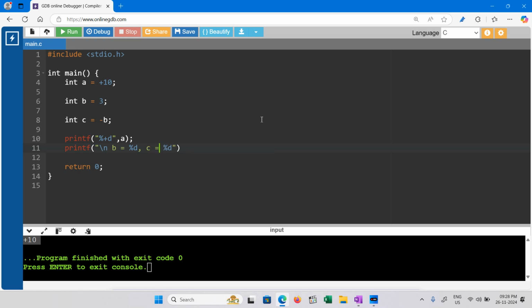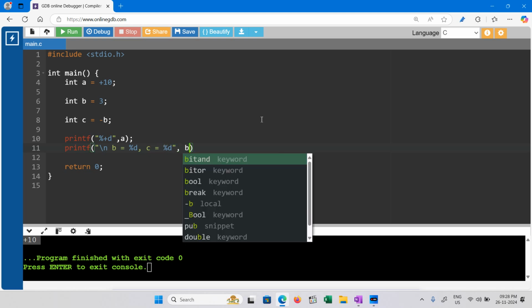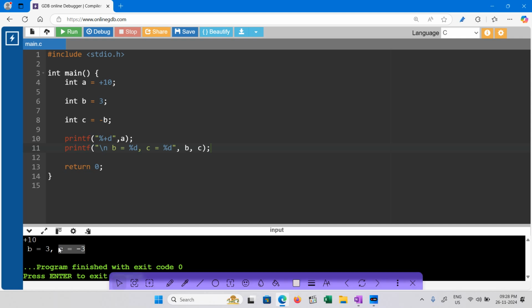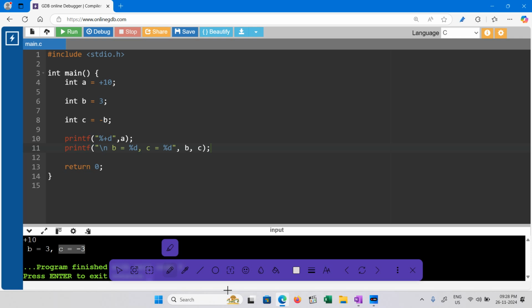Okay, so let's pass the argument and run it. Now see, the value of b remains unchanged, it is 3, but the value of c becomes minus 3, because I have applied the Unary Minus. That is important. I have applied the Unary Minus when I assign b to c.